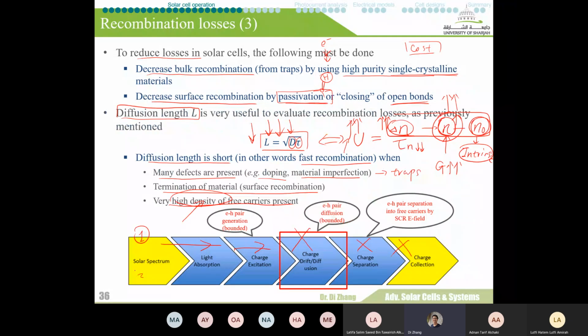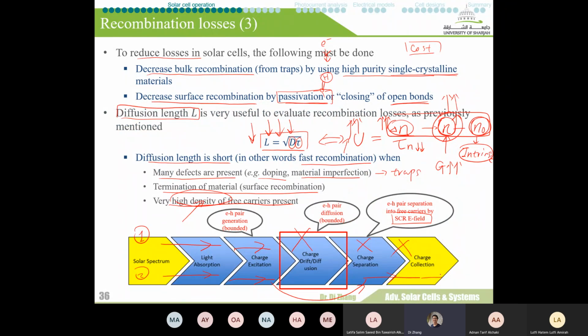For the second photon, we also have a very efficient absorption and a very efficient excitation. We skip the diffusion process, because the generated electron and hole pair are immediately under the electric field from the space charge region, and this means you may also have a very efficient separation process.